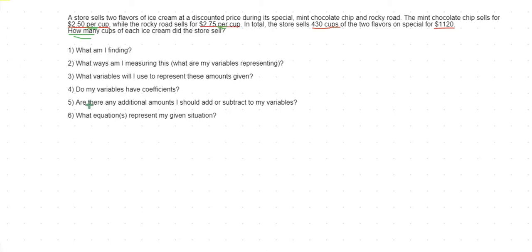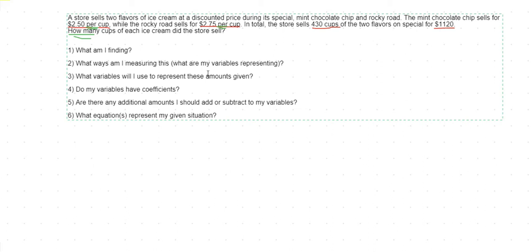So those are some key information words that I'd pull out in the beginning. The next thing I'm going to look at is how would I answer these questions? What am I finding? So let's look over the word problem. We haven't read it yet even. A store sells 2 flavors of ice cream at a discounted price during its special: mint chocolate chip and Rocky Road. The mint chocolate chip sells for $2.50 per cup, while the Rocky Road sells for $2.75 per cup.